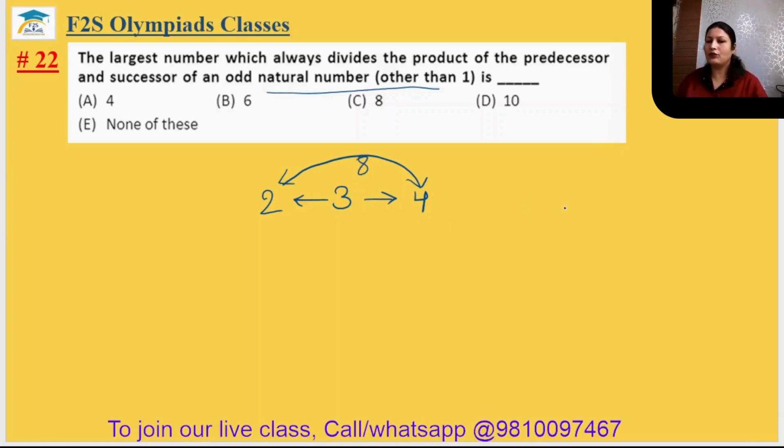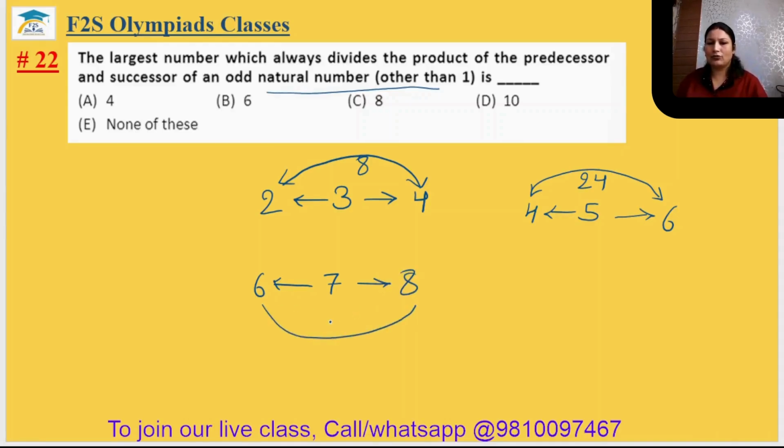If we take 5, its predecessor is 4 and successor is 6. So 4 sixes are 24. If we take 7, predecessor is 6, successor is 8. 8 sixes are 48. So we can see all the numbers are divisible by 8.